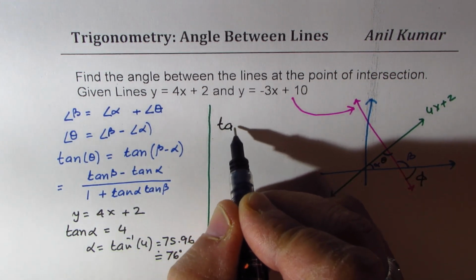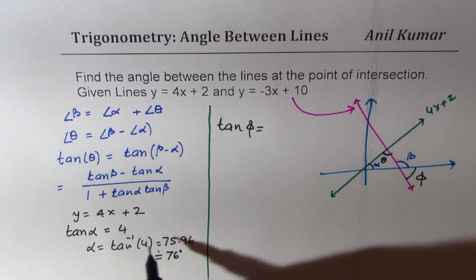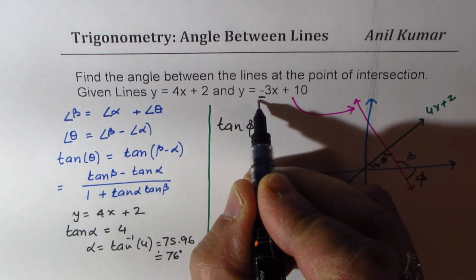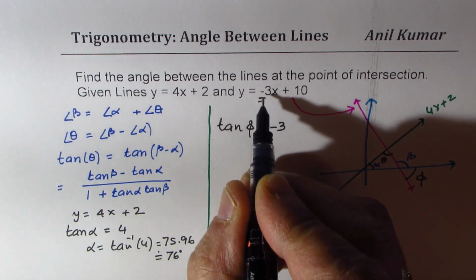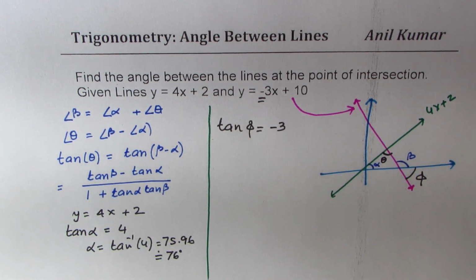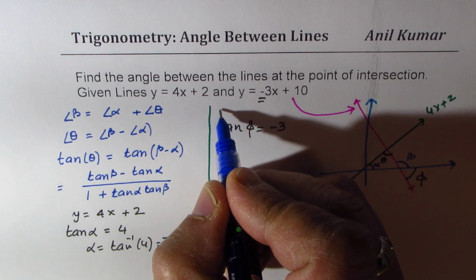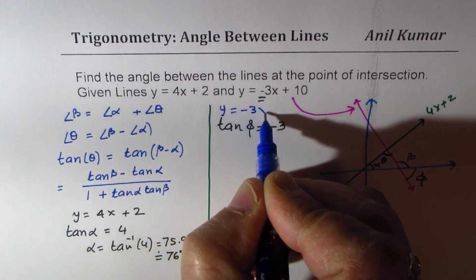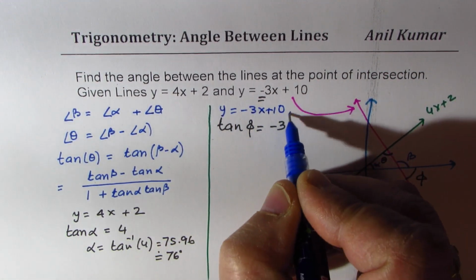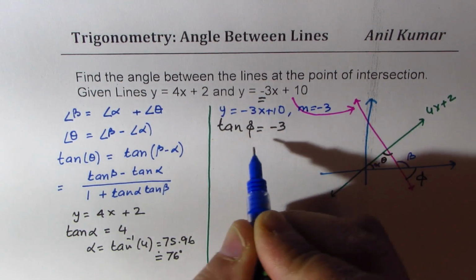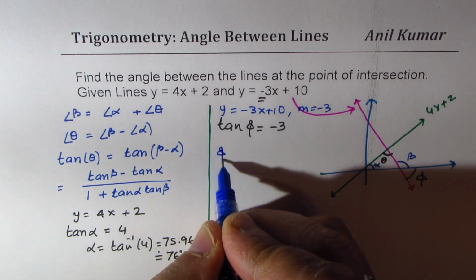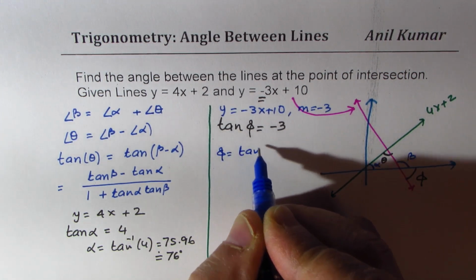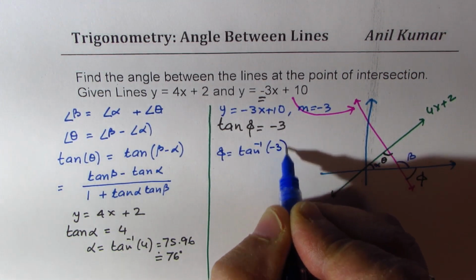So we get tan of phi is equal to minus 3, because the slope of the second line is minus 3. We are working with the line y equals minus 3x plus 10. Here slope m is minus 3, therefore tan phi should be minus 3. So what we get here is phi equals tan inverse of minus 3.